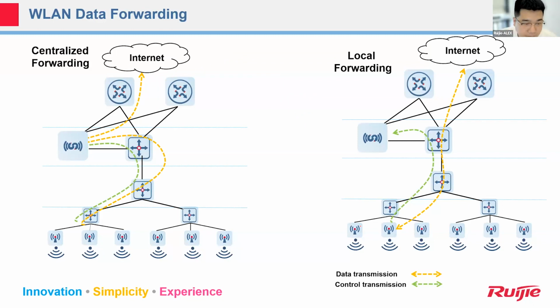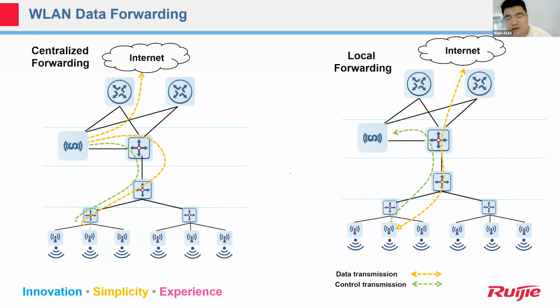Since we can normally access the network, we must generate some packets, some traffic. And how is this traffic forwarded in the WLAN? Let's see it. The WLAN data forwarding.